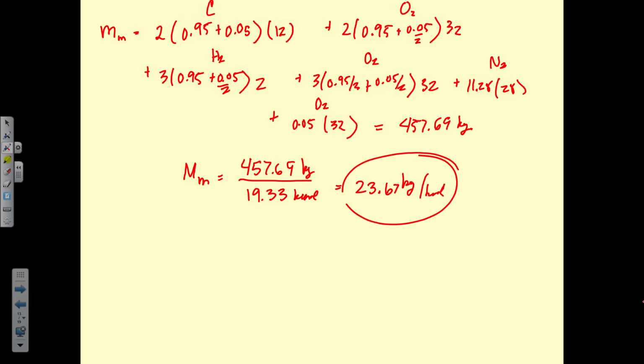And this is a good point to do a reality check. So you look at the components that you have within your system. They range in molar mass between 2 and 32. This is in between that range. It's closer to the 32 side because we have more oxygen and carbon in there than we do some of the other things. All right.